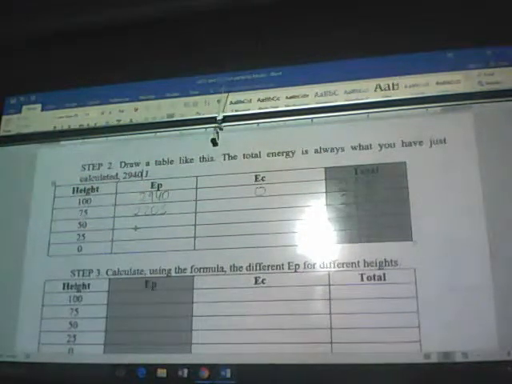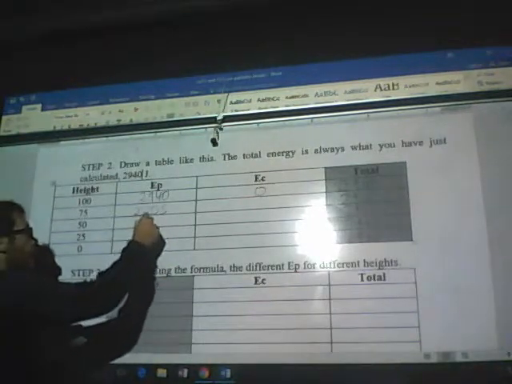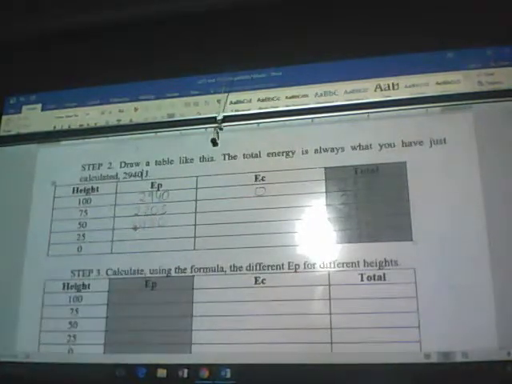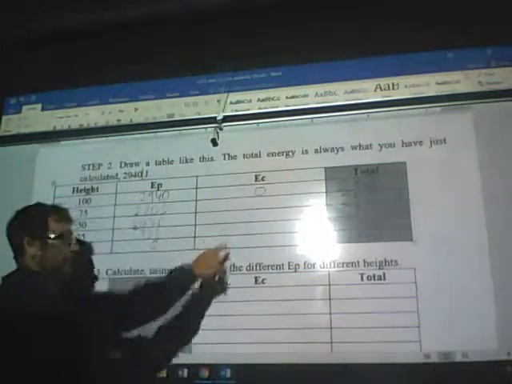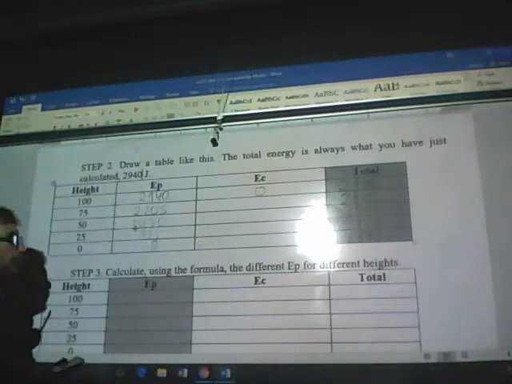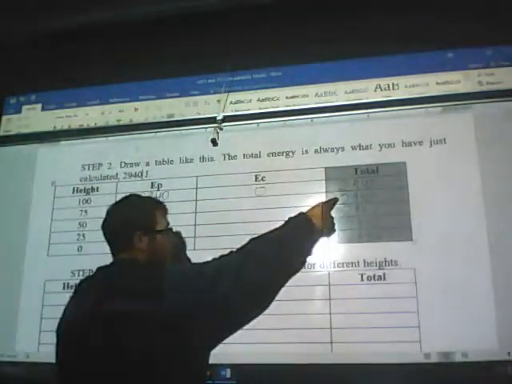Then with 50, mass 3 times 9.8 times 50. Three times 9.8 times 25. And here's 0. To get the kinetic energy, the only thing you have to do is to subtract this number from this number. Okay?